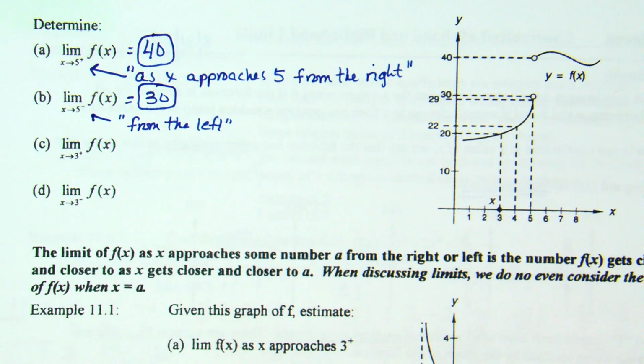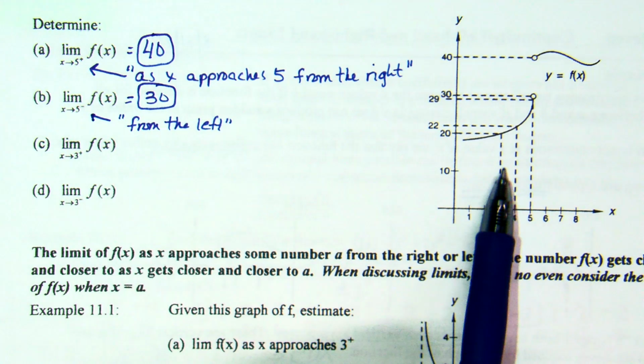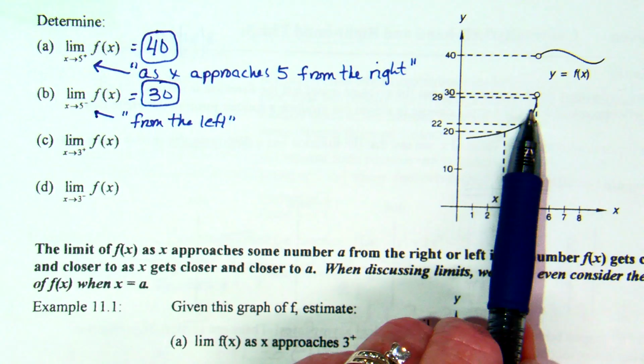Okay, so C, this is the limit as x approaches 3 from the right. So, here's my x value of 3. As x approaches from the right, what do you think? What is that corresponding y value? 20.